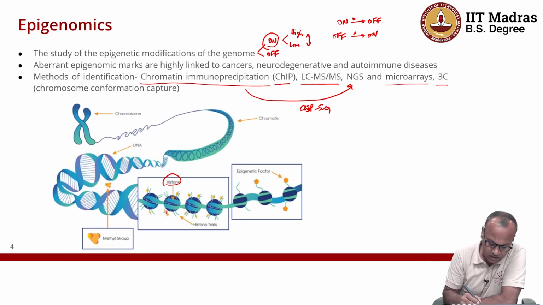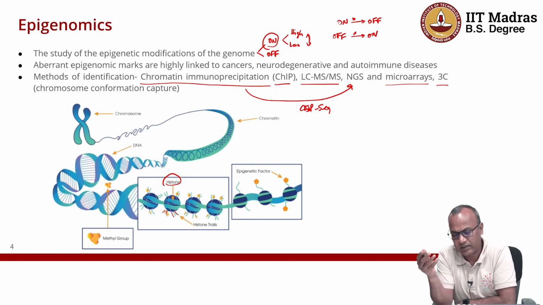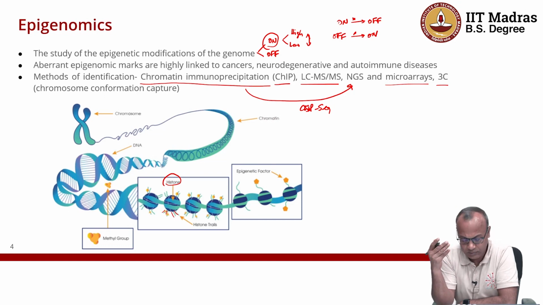And each of these histones has tails which can get differentially modified. They can get methylated, acetylated, like that. And depending on the modification, either the gene will be switched on or off.